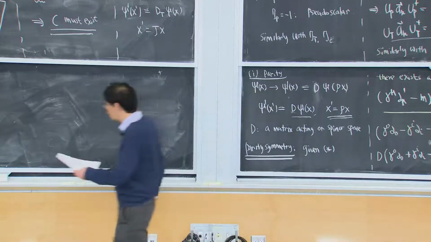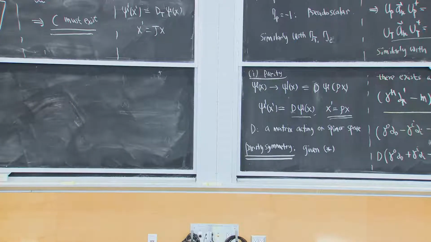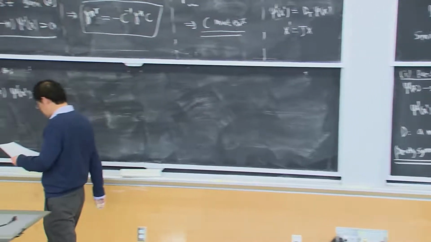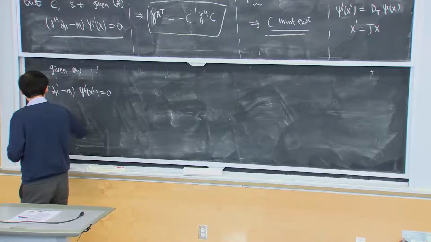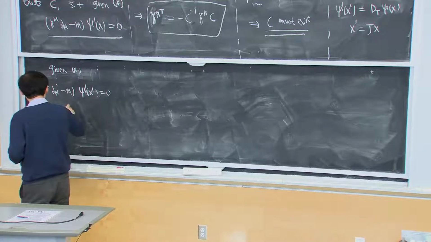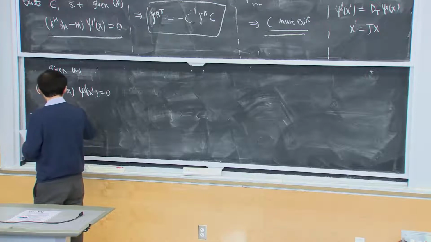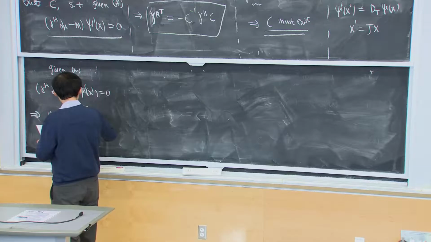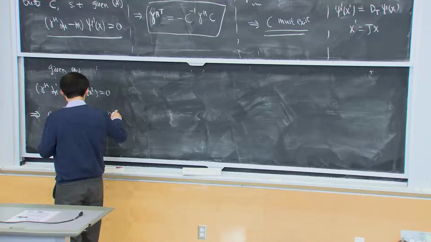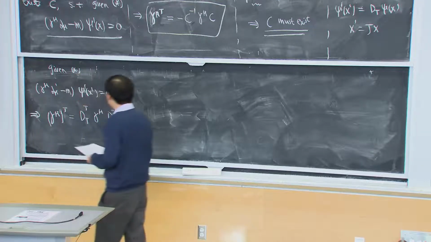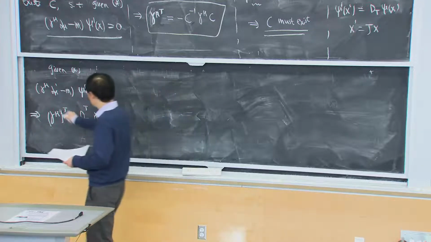In the end, you find that D_T should satisfy this equation: gamma mu transpose is equal to D_T transpose gamma mu D_T minus 1 transpose. So gamma mu t has to satisfy this equation.